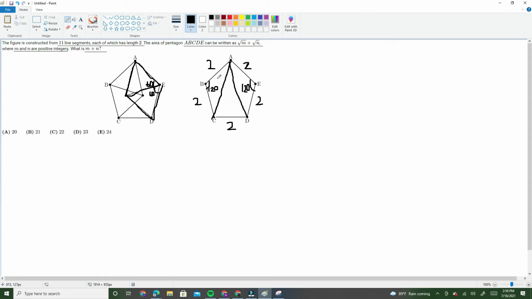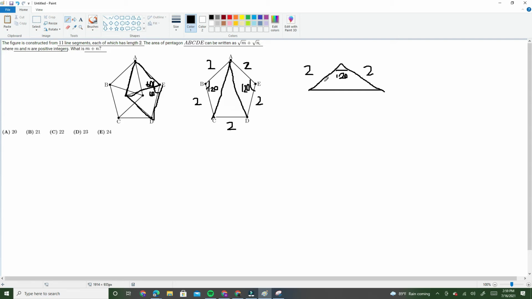And each triangle, ABC and AED, is actually a special type of triangle. If I just draw one of these triangles to the side, we can see that we're dealing with an isosceles triangle. Since this is an isosceles triangle, because both of its sides are the same length of 2, we know that these two base angles are equal as well.